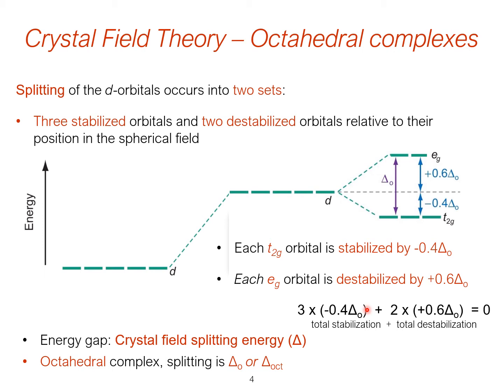This is because the total energy has always got to be the same as it was before. We can't create energy out of nothing. So if you work it out mathematically, the total stabilisation, 3 times minus 0.4 of the crystal field energy, added to the total destabilisation, 2 times plus 0.6, equals 0. So we haven't made any energy or lost any energy. That's why we get these values of plus 0.6 and minus 0.4.